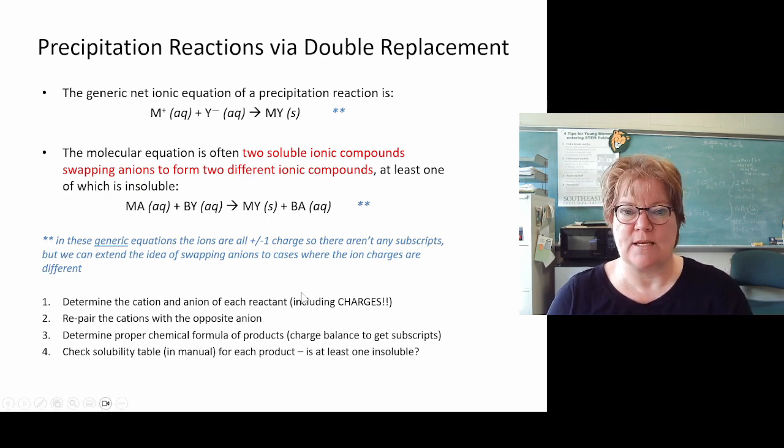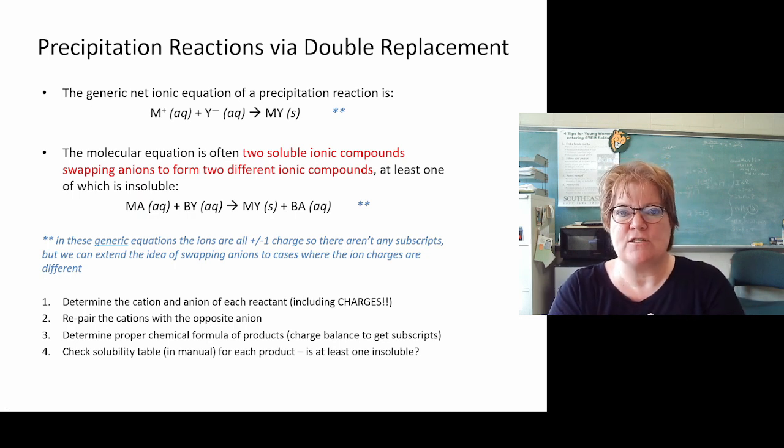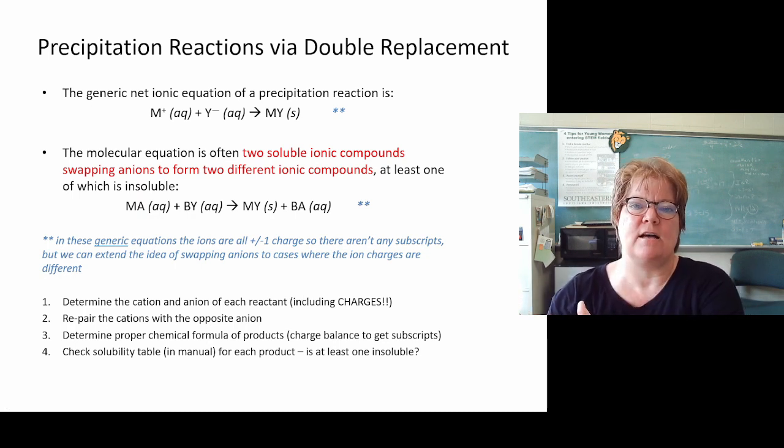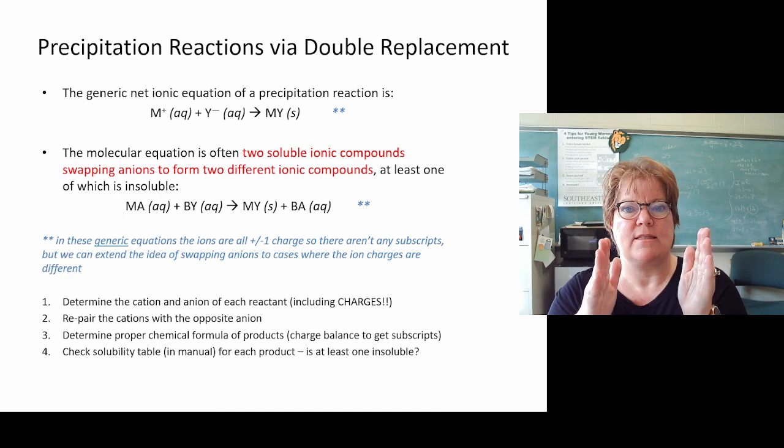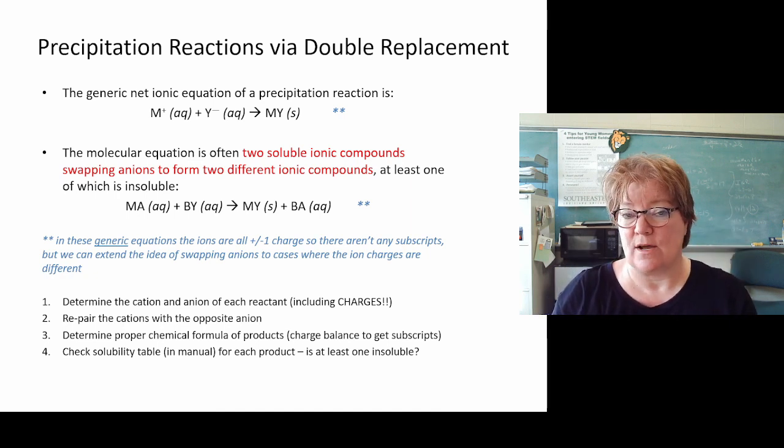So again, if I want to predict the products of a double displacement reaction, first I have to determine what are the cation and the anion of each reactant. In our case, we're just going to give you the cation that's in the mixture already. And then I'd have the cation and the anion of the reagent that I'm going to try and use.